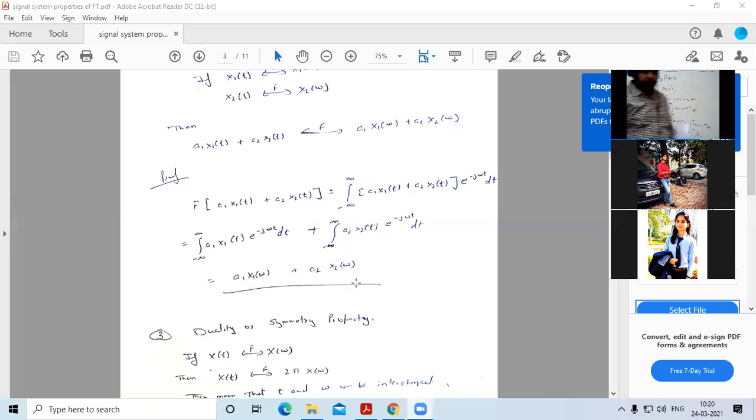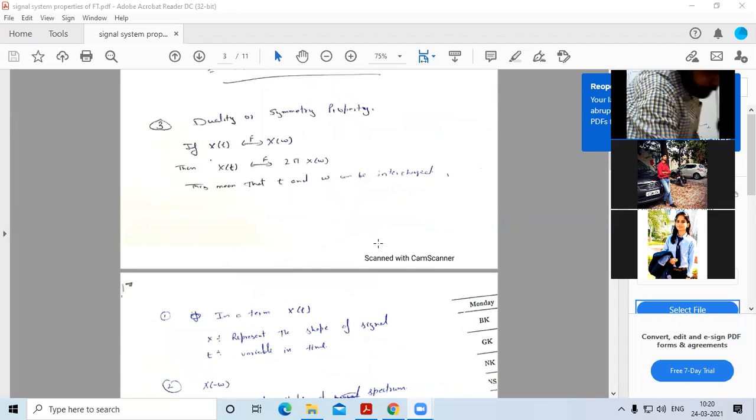Third property, we are having the duality or the symmetry property. This is also a very important property, duality or the symmetry property.